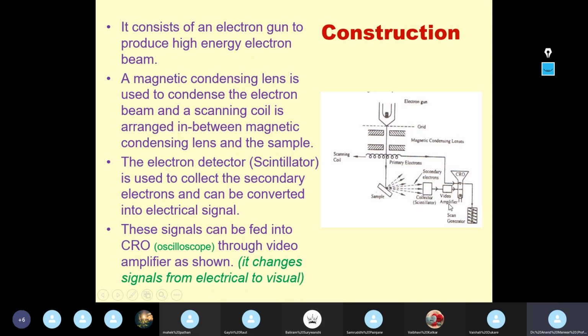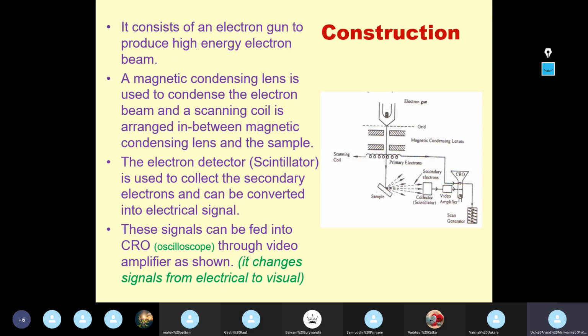It will be amplified because there is a need to convert these electrical signals to visual, which is normally done in our TV screen or whatever visual camera you see, and there it is called a cathode ray oscilloscope. This cathode ray oscilloscope is a video amplifier.